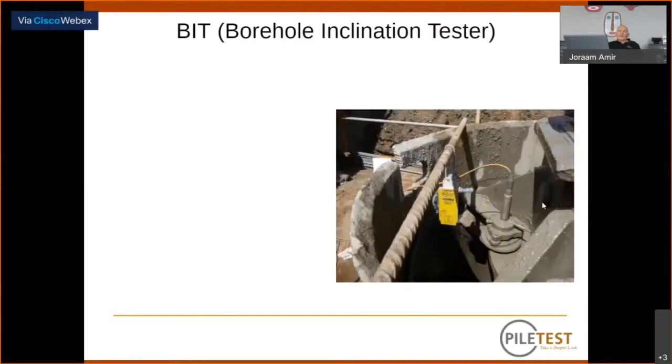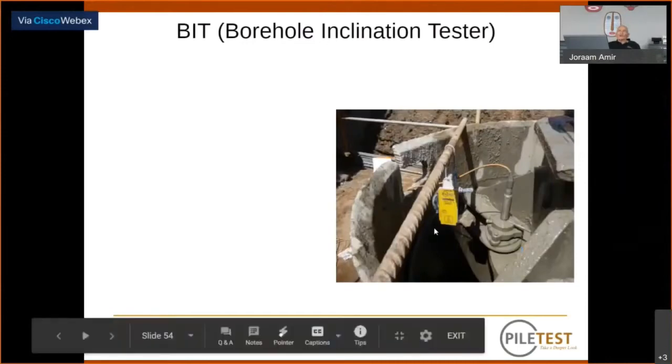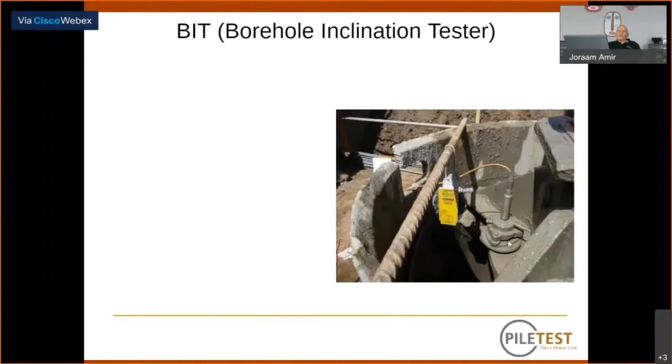Now, here is the bit mounted on top of a drilling bucket. It is, of course, waterproof and mud-proof, and the bucket, while it goes inside the hole, acts as a centralizer and makes the bit follow the axis of the pile.